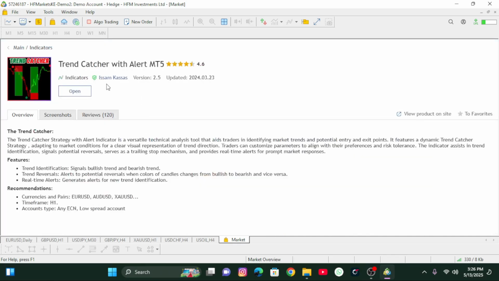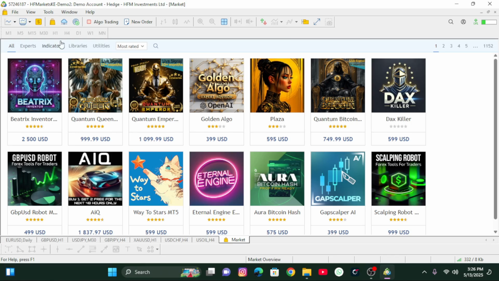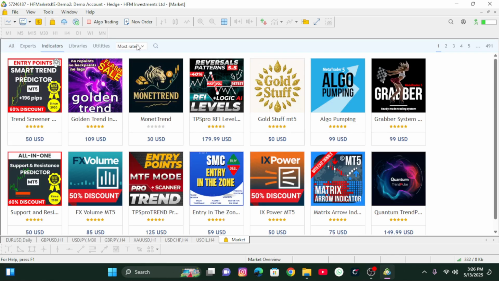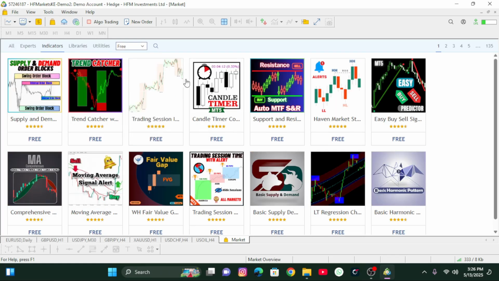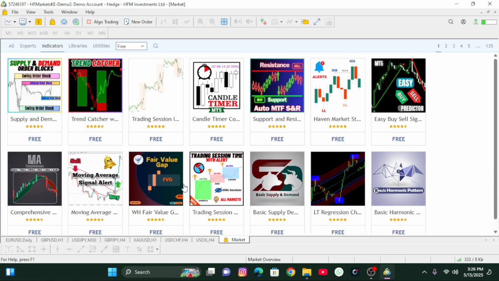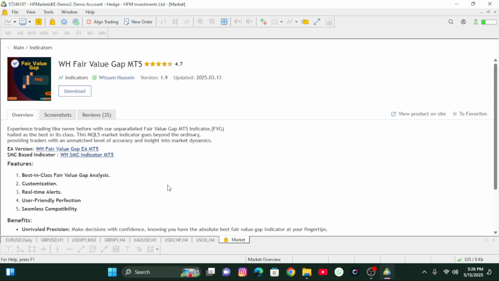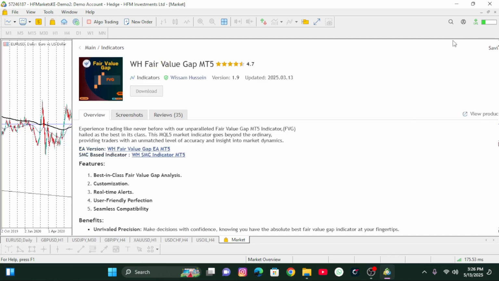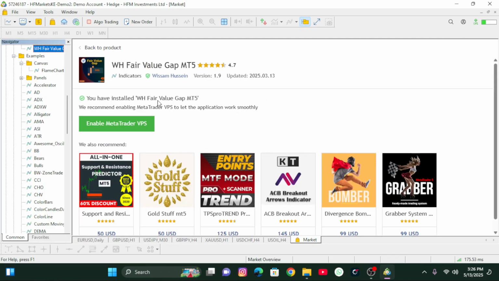So for me, I had already downloaded it. If I can use a different one, trace or indicators, free. So if I can use, let's say, a fair value gap. If you want to download this particular indicator, you'll come here where it's written download, then click on it and wait here, and that's it, it's saved.